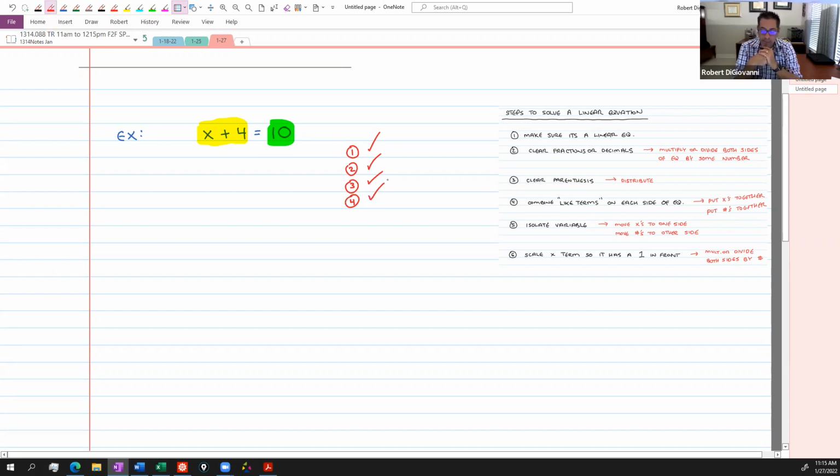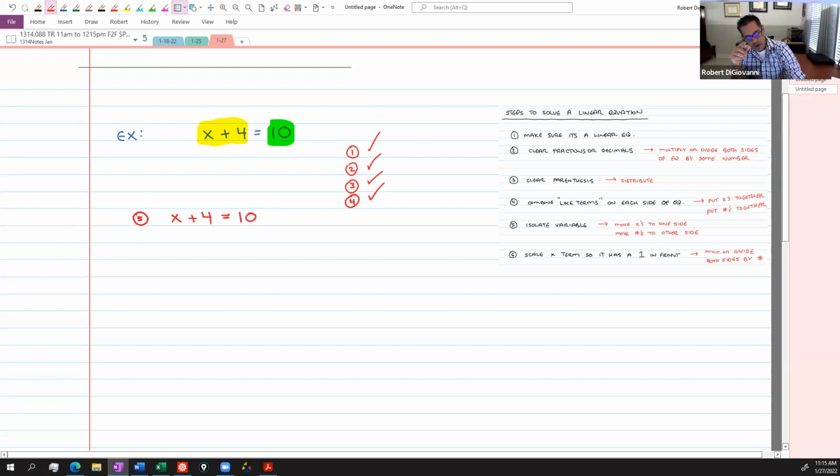All right. Step 5, isolate the variable. This means we want to get the x's on one side of the equation and anything that's not an x on the other side. For step 5, we actually have the x on the left side, but it is not isolated, right?